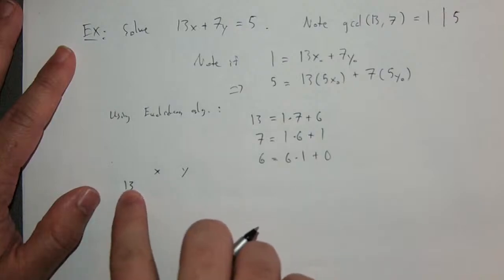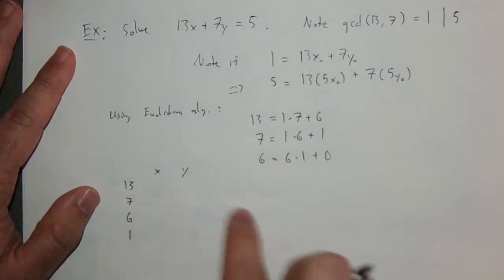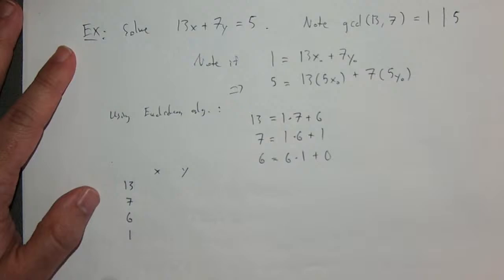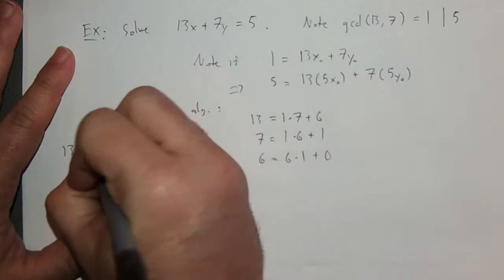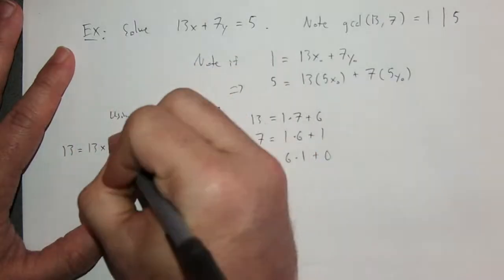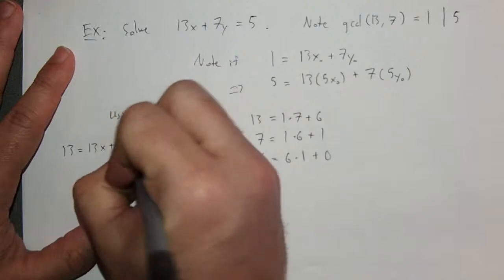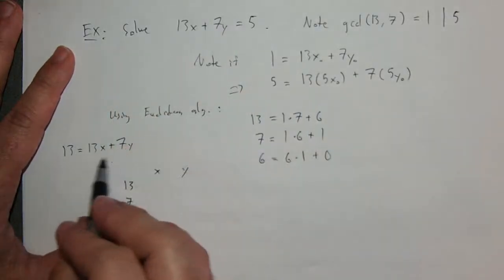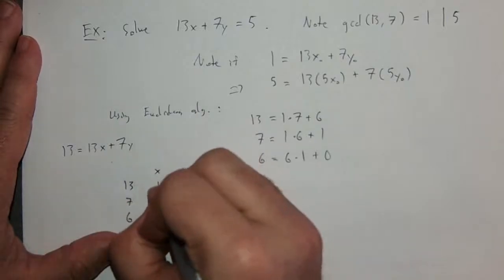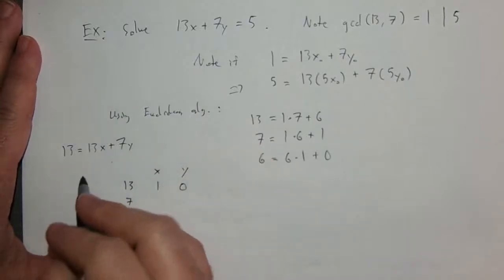So thinking of 13 as a linear combination of 13 and 7. Remember, the way that this goes is the entry in the left column is the thing that you're thinking of being a linear combination of 13 and 7. So in this thing, you would have x being 1, y equals 0.